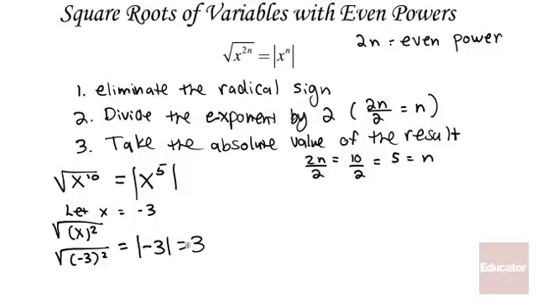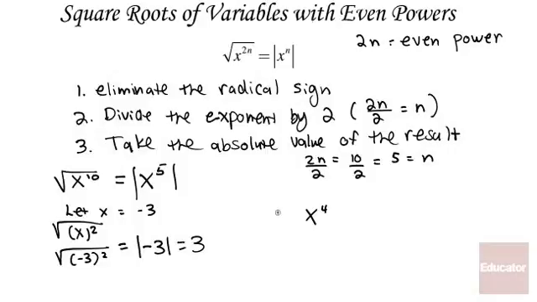Now, there's one more aspect to remember. Let's say I have some expression that I need to find the square root of, and it's to an even power, and I find the square root, and it comes out to x to the 4th. Do I need to write the absolute value of that?